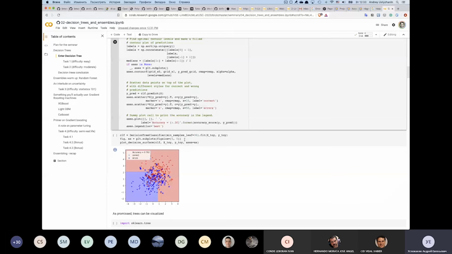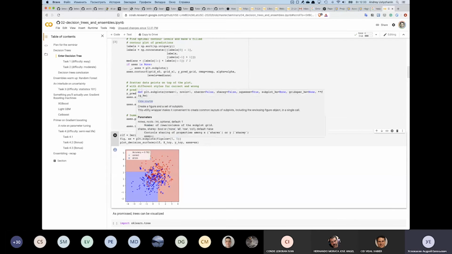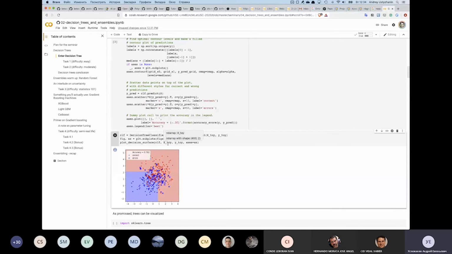And then we train a model by instantiating the class DecisionTreeClassifier with the parameter min_samples_leaf, which basically says when we should stop growing a tree. And once again, we call the fit method to find the best parameters for a given data set.